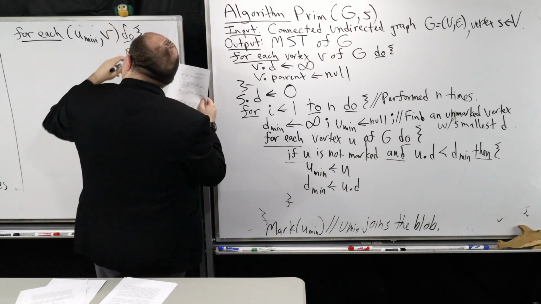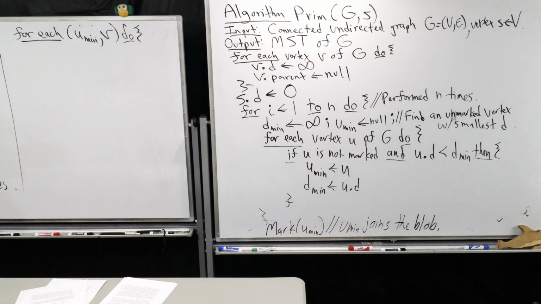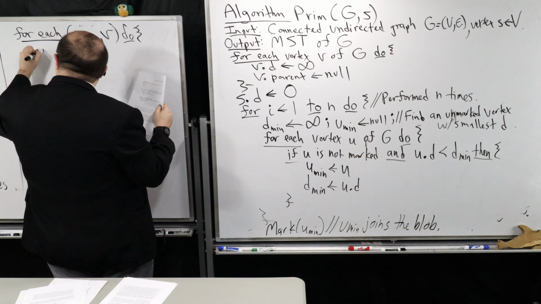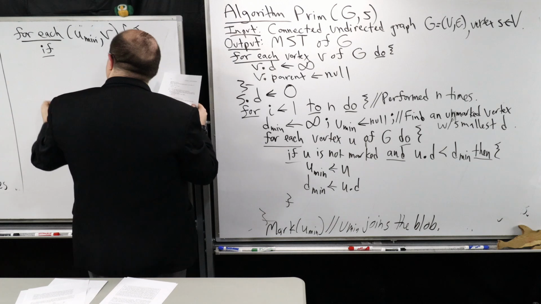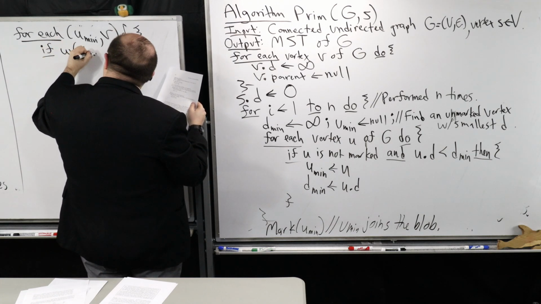I'm going to see if I have a better least weight edge. If the blob finds a better one, we want to take that one if possible, but I need to know they exist. So I'm going to update my D values because the blob will be uncovering more of the graph as we do this.